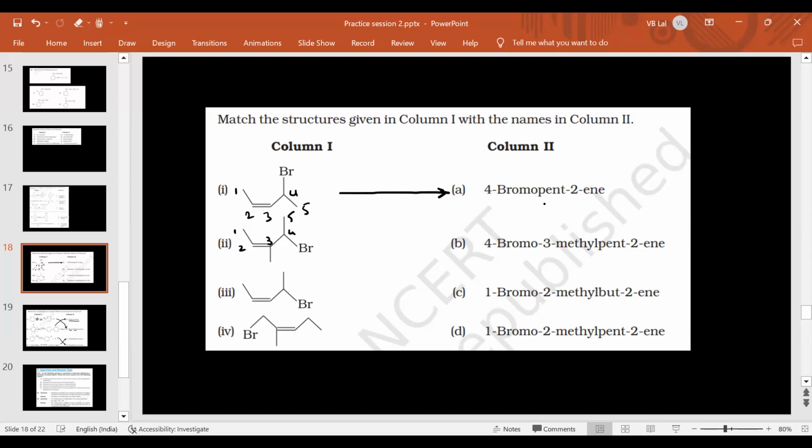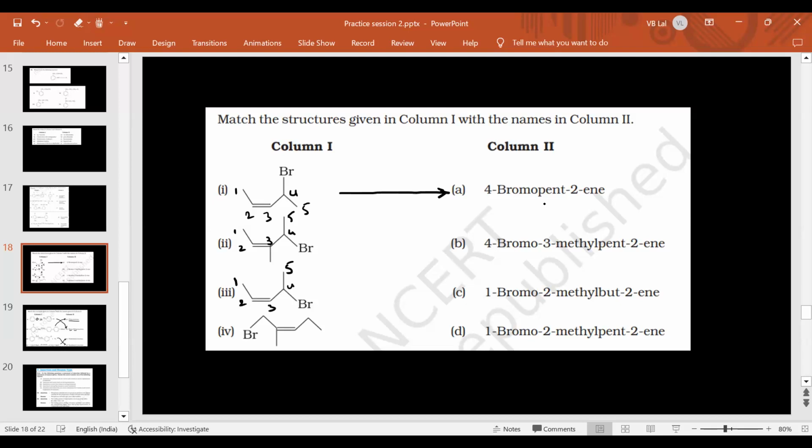This answer is not there. Let me see the third one. Ma'am, it is also the same. Yeah, I think I have made a mistake. I have copied it from the exemplar problems. So 1, 2, 3, 4, and 5, right?